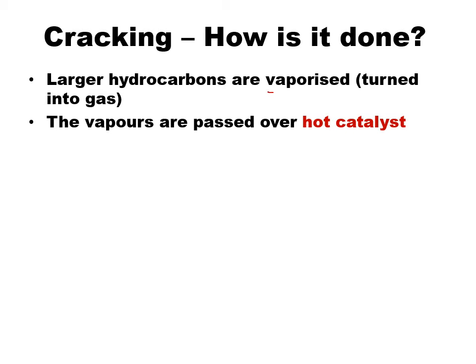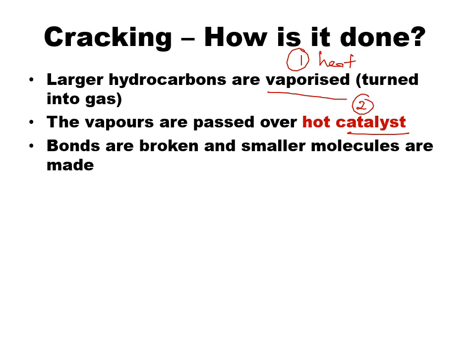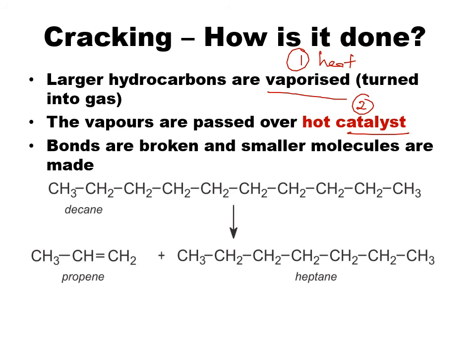First, we need heating, so that the larger hydrocarbons can be vaporized into gas. And the second one, we need the catalyst. After we have put these two conditions together, we will be able to crack the larger molecules into smaller molecules.